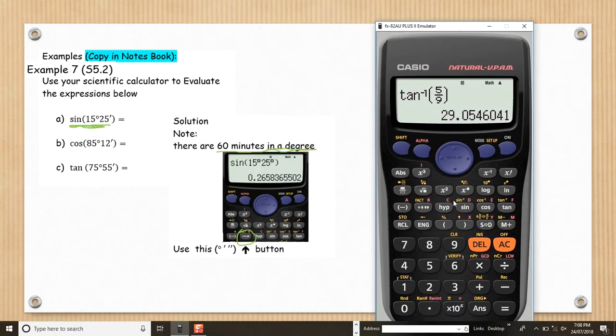So this time we press sine 15 degrees 25 minutes equals, and we get 0.26. Next one, cos 85 degrees 12 minutes.